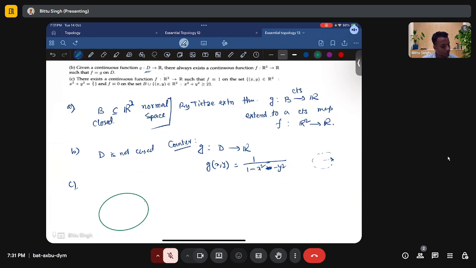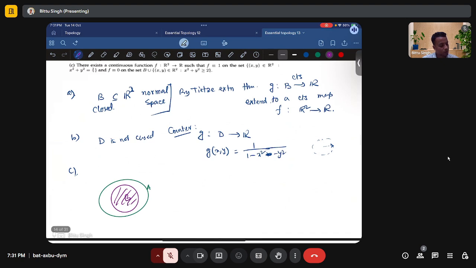Let me denote it by A. And another set is B. B means this closed unit ball, x square plus y square less equal to 1, with x square plus y square greater equal to 2. All of those should be circles.